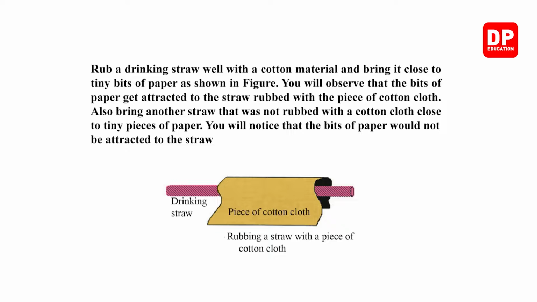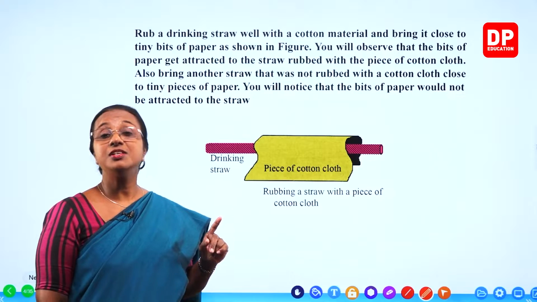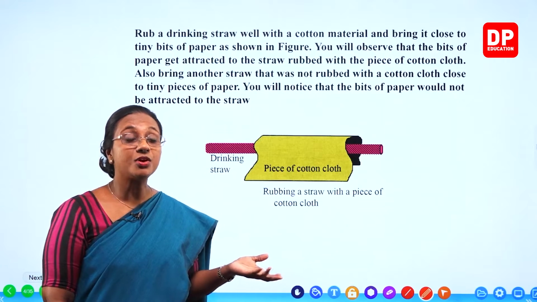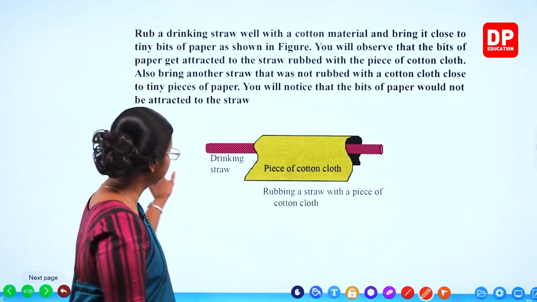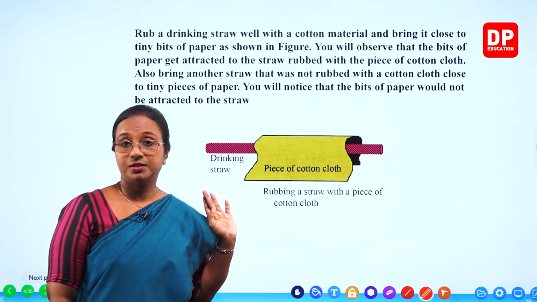So, this is a simple activity which you all have learnt in smaller grades also. If you look at the picture first, you can see there is a drinking straw. Usually drinking straws are made up of plastic. So it's a plastic straw and there is a piece of cotton cloth.